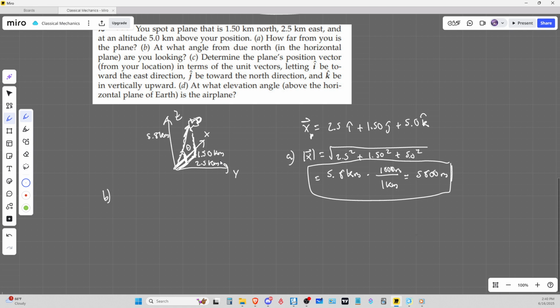Okay, so for B, determine the angle. What is the angle from due north in the horizontal plane you are looking? So we have to do it from the plane itself, I think, not with the z-axis, or do we?